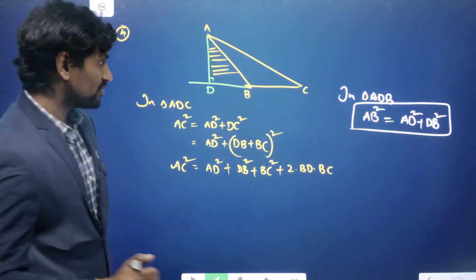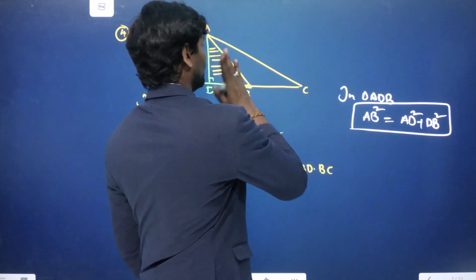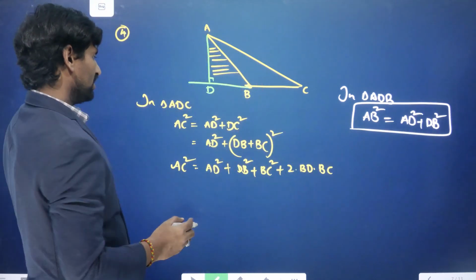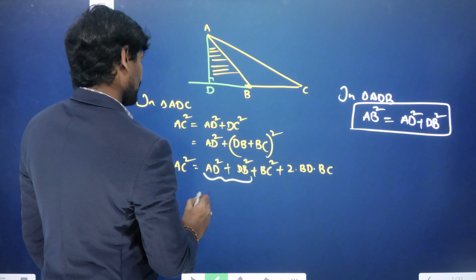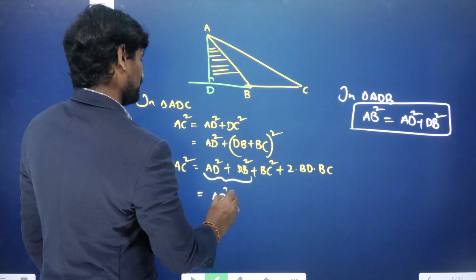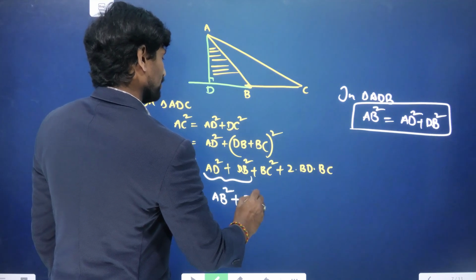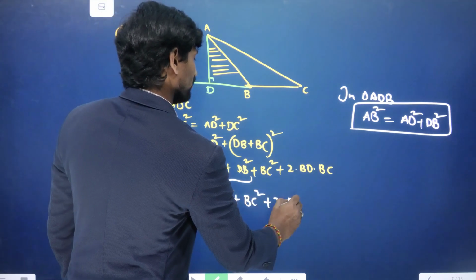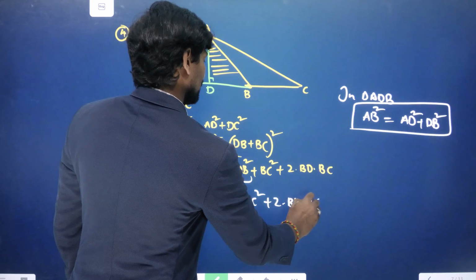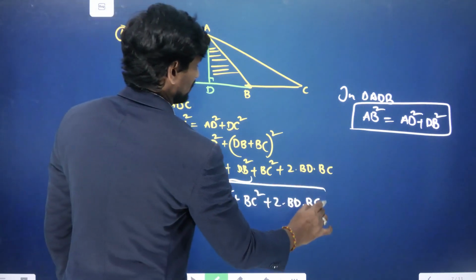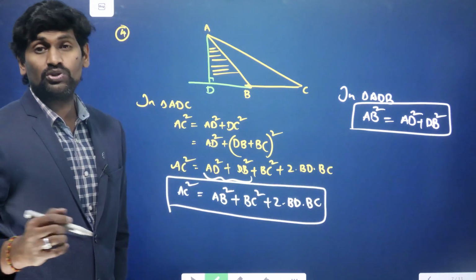That means whenever you see AD square plus DB square in this diagram, you can write AB square. So AD square plus DB square is equal to AB square, and on the left hand side AC square. So AC square equals AB square plus BC square plus 2 times BD into BC. This is actually what we have to prove for the obtuse angle triangle.